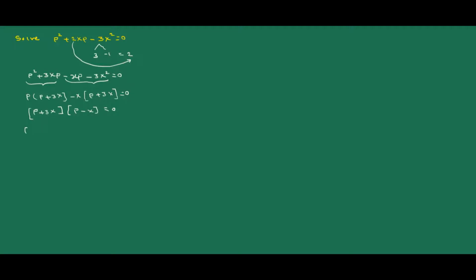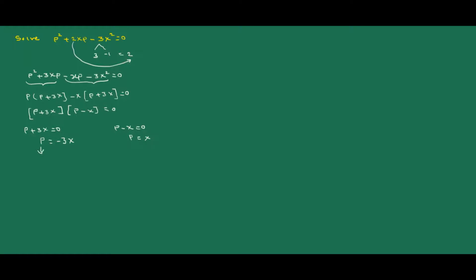We can also write it as p plus 3x is equal to 0 and p minus x is equal to 0.